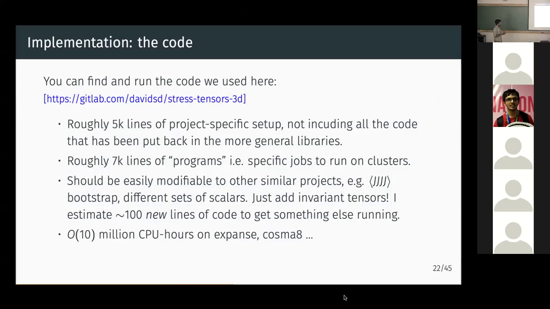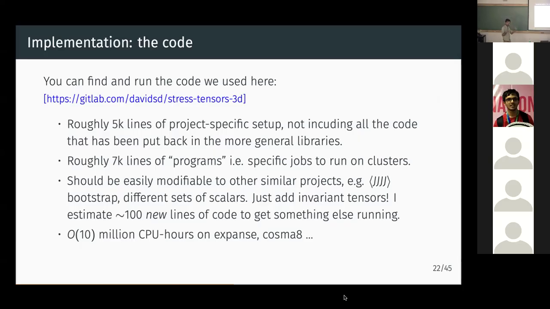Even though this is a lot of code, it doesn't take that much to modify it to something new. For example, adding a different scalar, removing a scalar, putting a current instead of a stress tensor, you only need on the order of 100 lines of new code to get something else running. I know because I did it. I took our stress tensor code and converted it into currents code in like an afternoon.